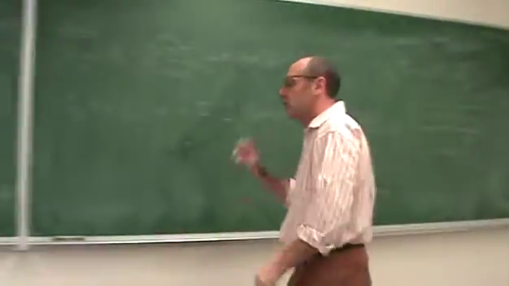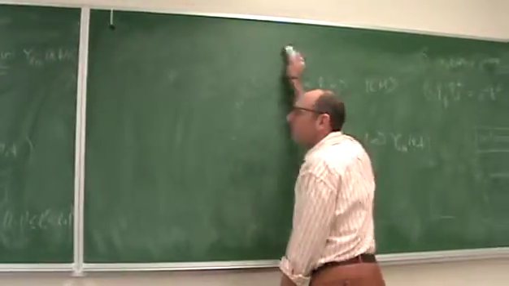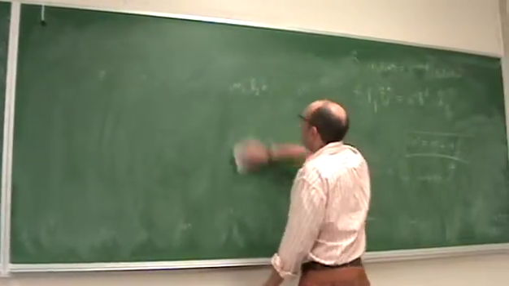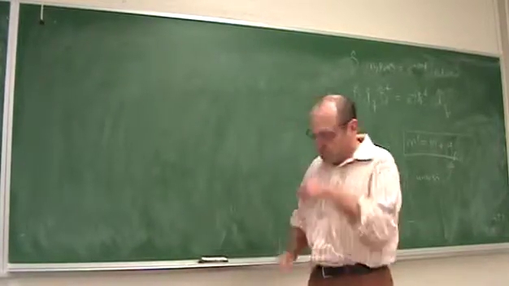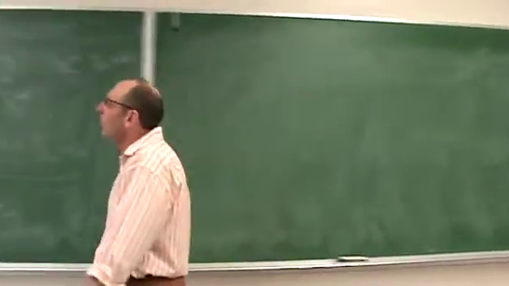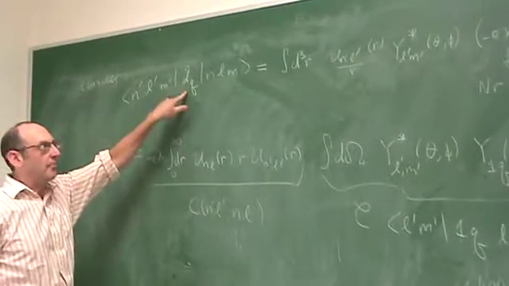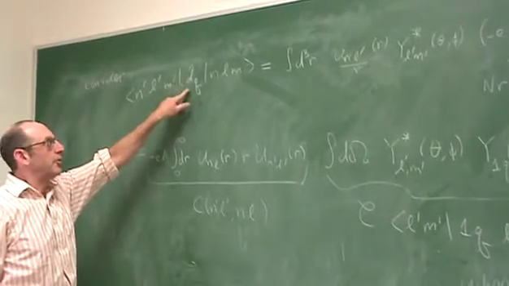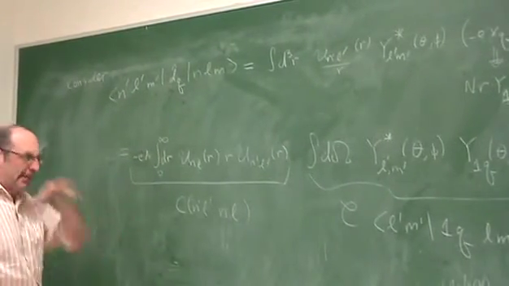So, let me conclude by stating one last fact, and we'll pick this up next time. This example can be generalized in an important and substantial way. Notice what we have here. The matrix element of this dipole operator, which was a rank 1 irreducible tensor, can be broken up into 2 pieces.